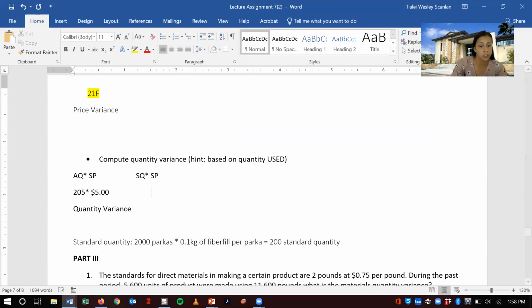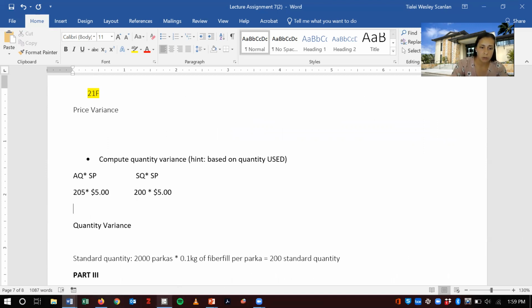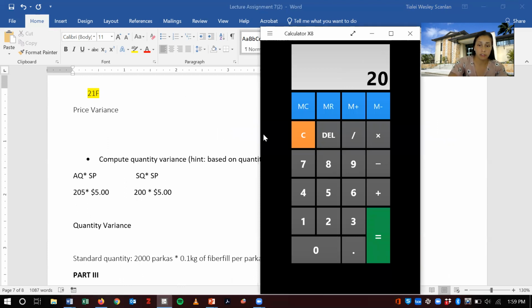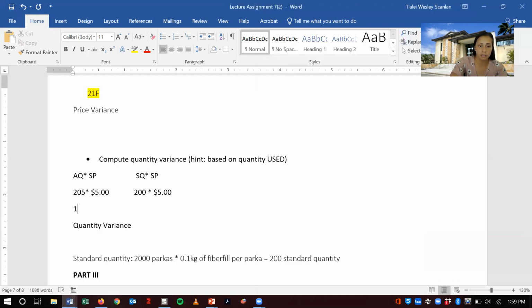That 200 is pretty close to 205, so that does seem comparable, and standard price is going to be the same because this is a quantity variance. So we'll multiply 205 by $5, which is 1,025.